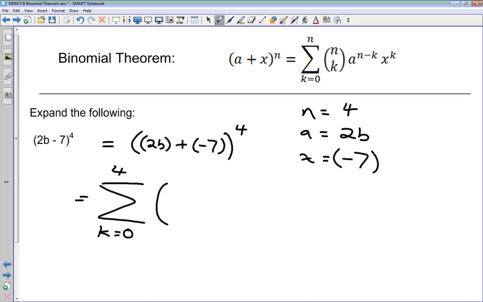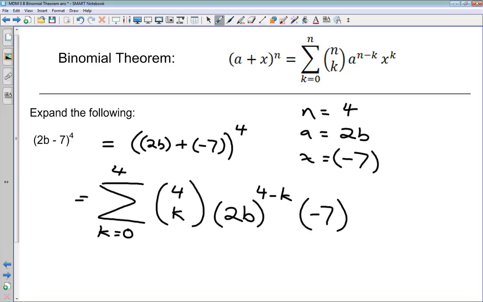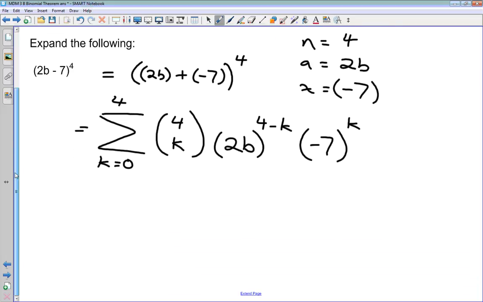We're going to have a coefficient out front, which is 4 choose whatever our value of k is. And then we're going to have a term that is our a value, 2b, to the exponent 4 minus whatever our k is. And then we're going to have another term, which is negative 7, to the exponent whatever k is. So we've just rewritten the binomial theorem with the given information.